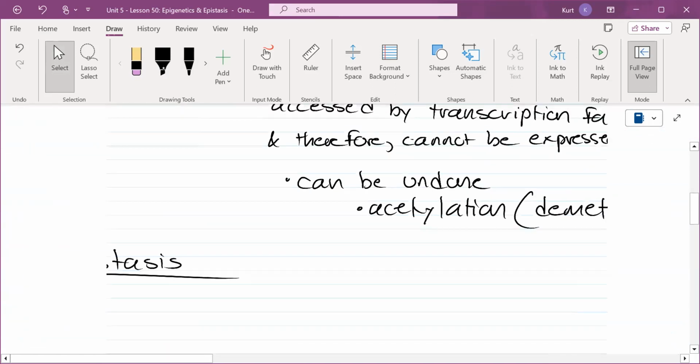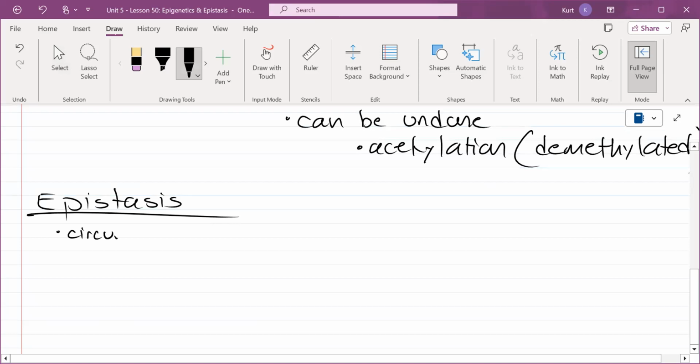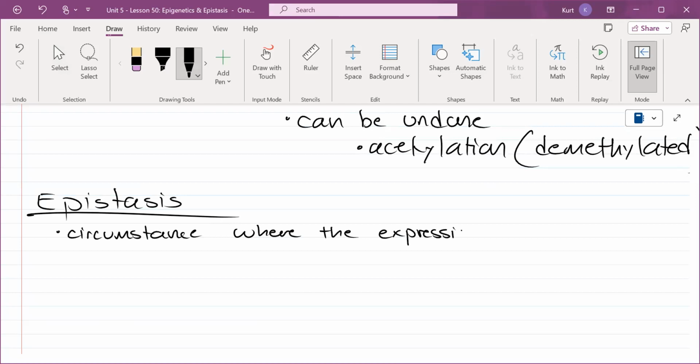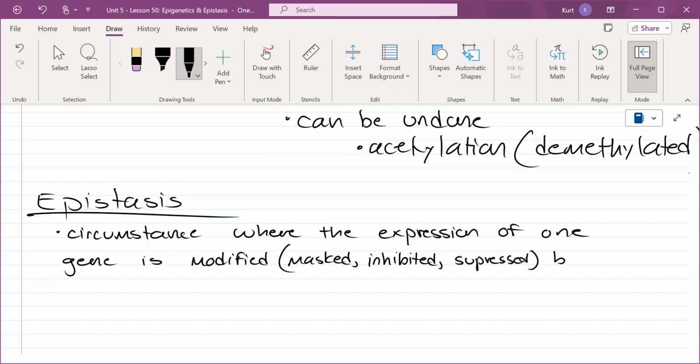So, epistasis is a circumstance where the expression of one gene is modified, and in that term, it typically means masked, inhibited, suppressed by the expression of one or more genes.